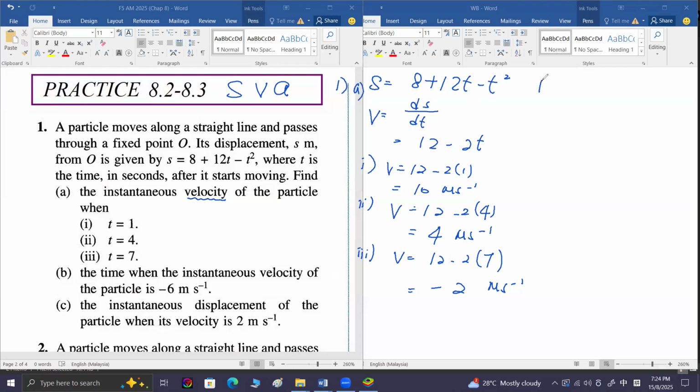Yeah, now look at B. Find the time when the instantaneous velocity of the particle is negative 6. Negative 6. Okay, means what?